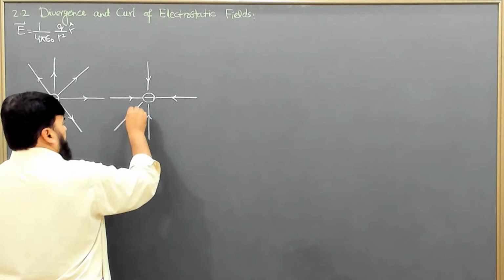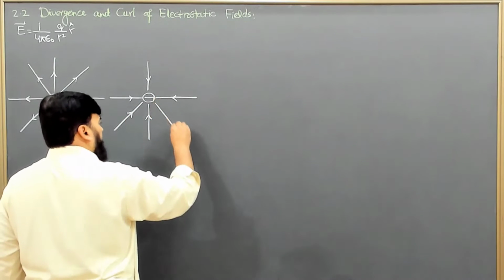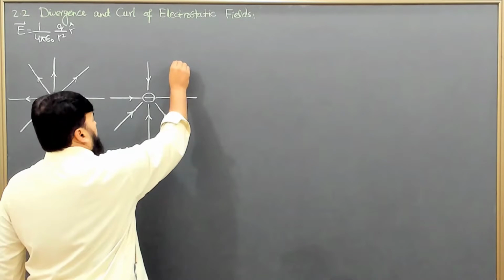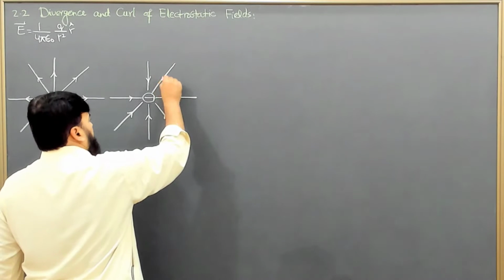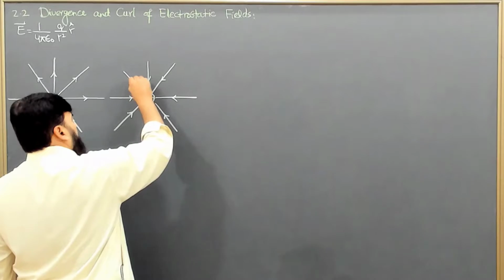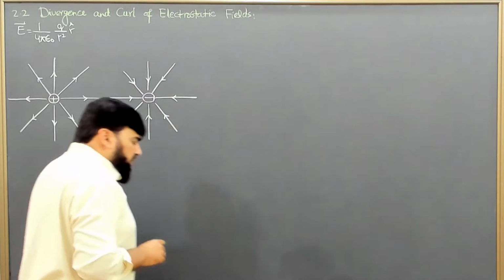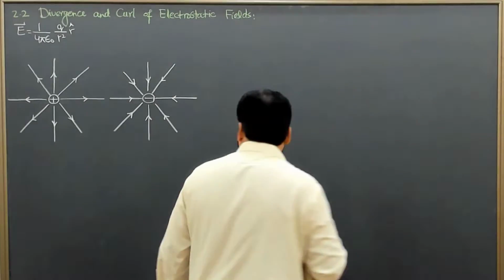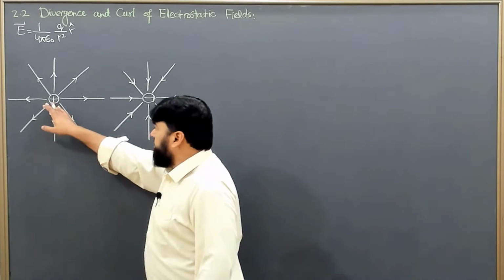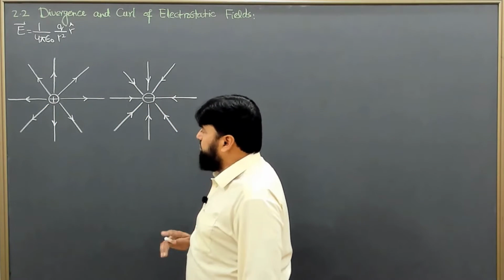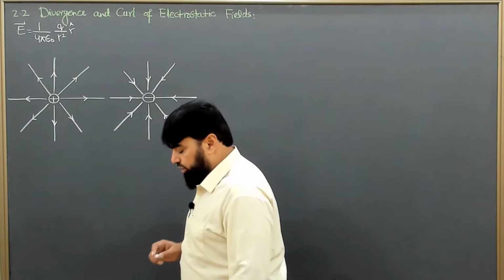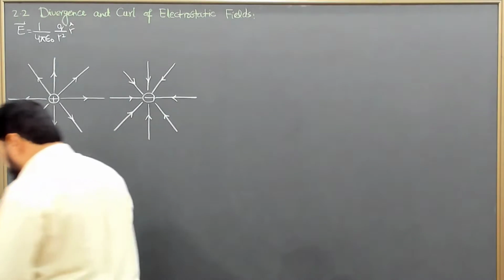They are converging lines for a negative charge. So when we have a positive charge, we have diverging field lines, and for a negative charge, we have converging field lines.